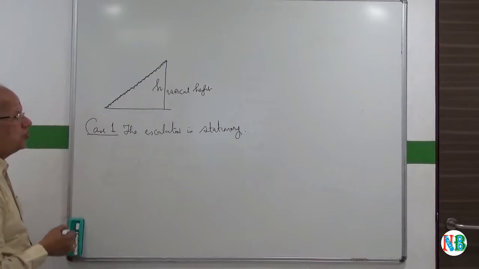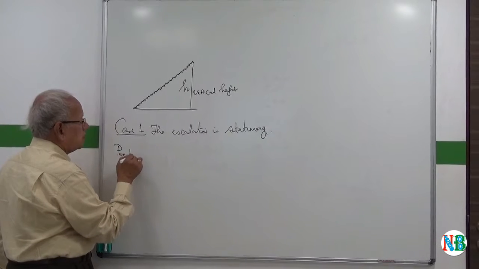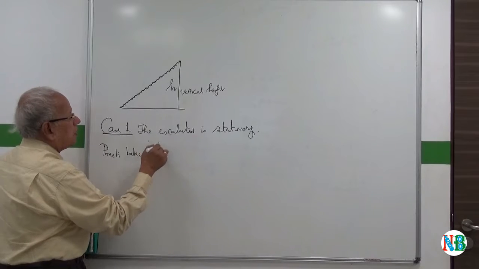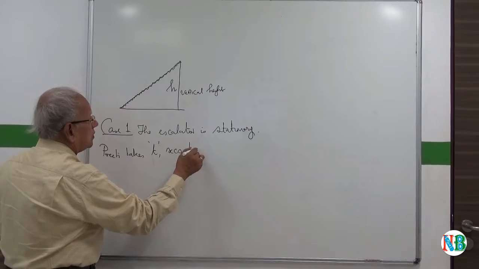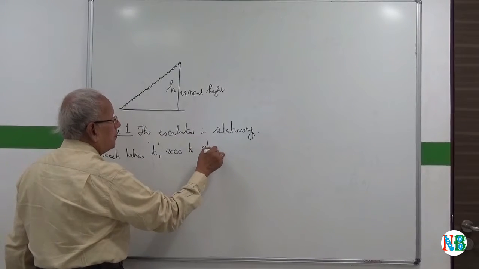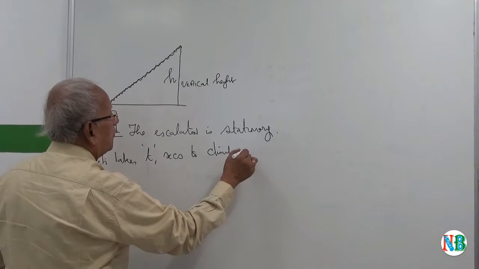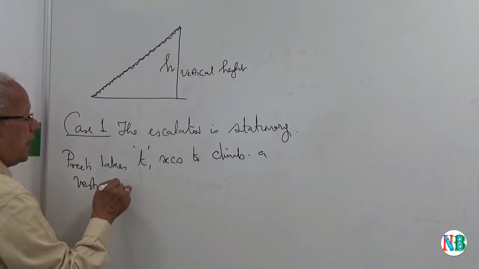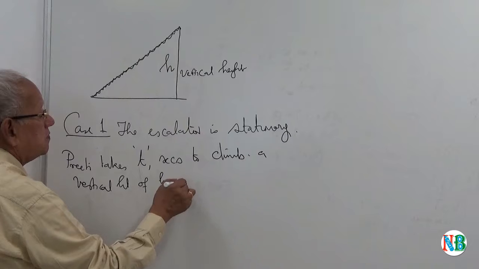So Preeti takes t1 seconds to climb a vertical height of h meters.